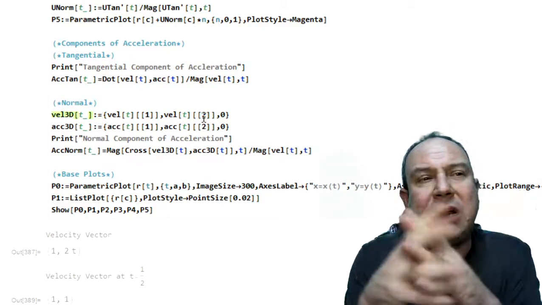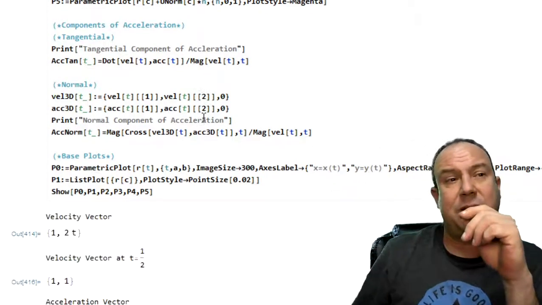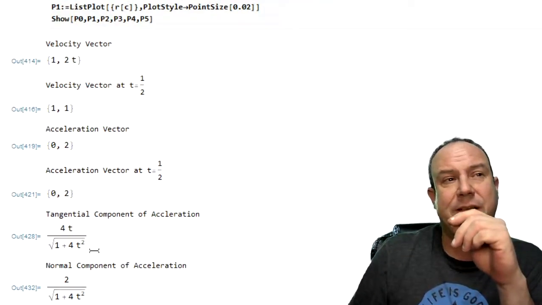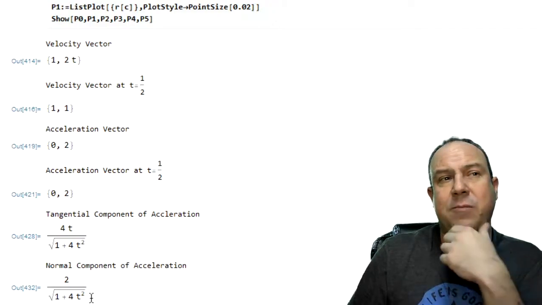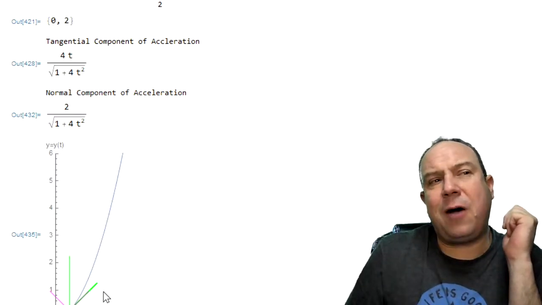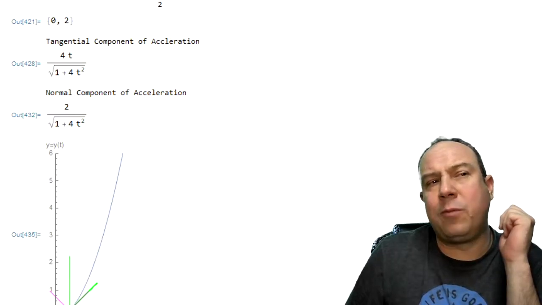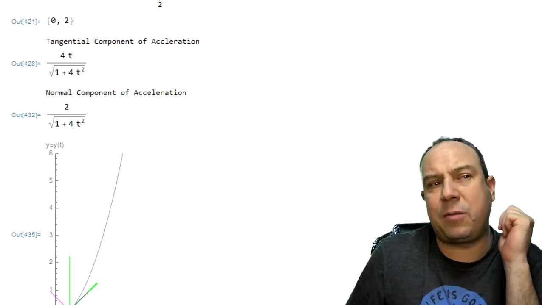Now, what we might want to do is put these into our graph. Let's actually use these, right? What does all this tell us? This is tangential component, normal component. These are scalars. These are how much we have to scale our unit tangent and our principal unit normal vector by.